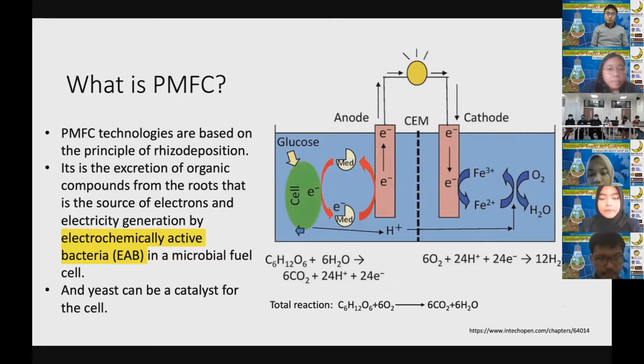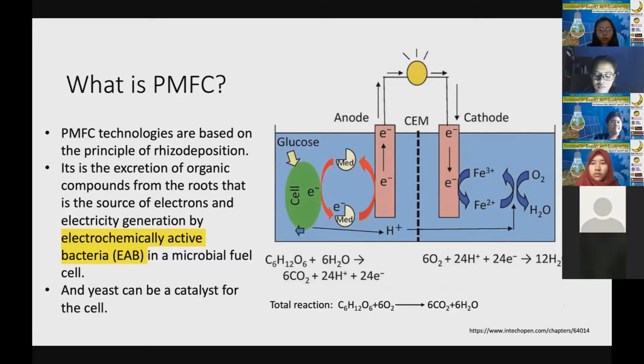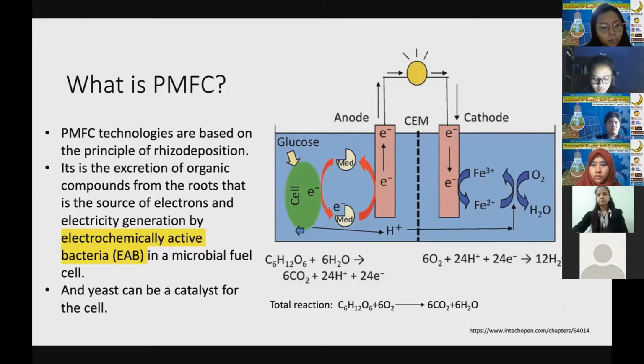In plant microbial fuel cell systems, yeast can be a catalyst to assist EAB decomposition, and that can increase the efficiency of plant microbial fuel cell operations. So I want to research the relationship between yeast and PFC.